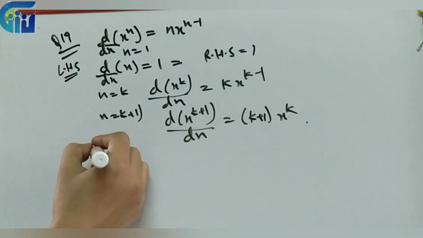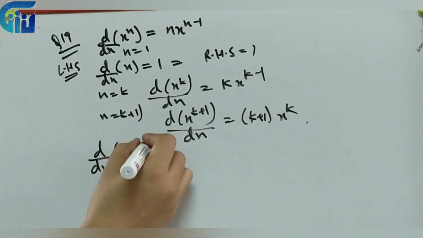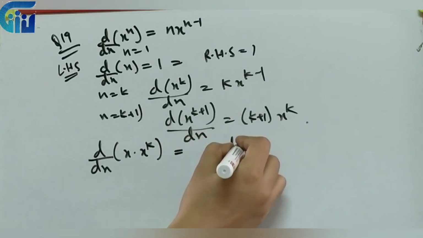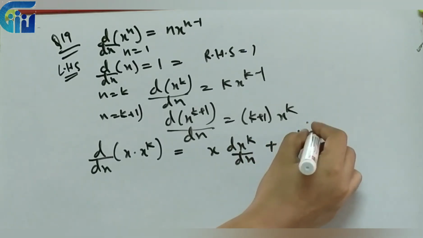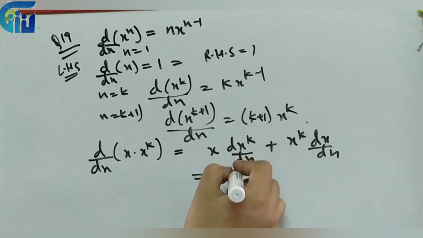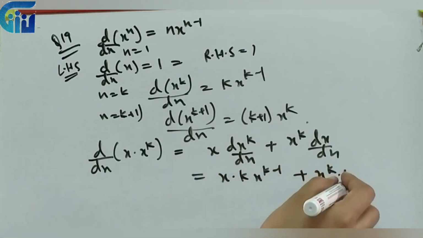So we will just write it as d/dx of x into x to the power k. Then by the product rule, x as it is, the derivative of x^k with respect to x, plus x^k as it is, the derivative of x with respect to x. So we use the previous result, which gives x times k x^(k-1) plus x^k into 1.